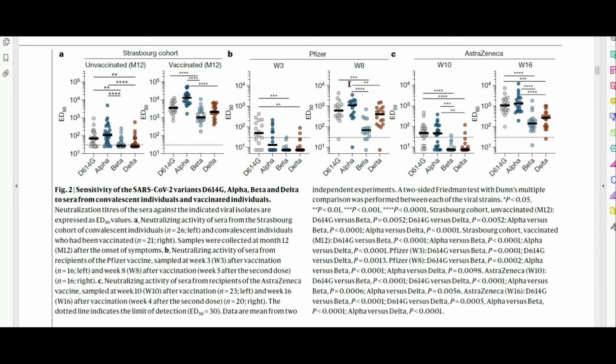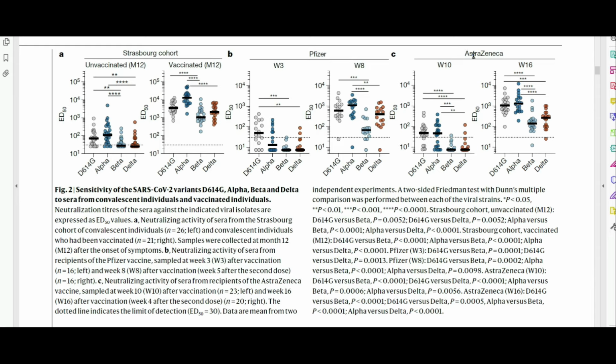This is with the full course, the 2 doses of the Pfizer vaccine. And once again, we see that getting the full course of the vaccination is increasing the number of neutralizing antibodies even further than getting just a single dose.